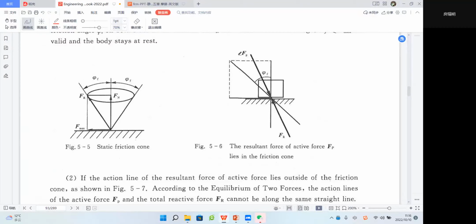So if we have active force Fp, we have this Fn, F max, and Fr. So we have this triangle.